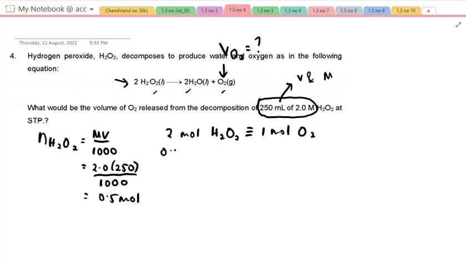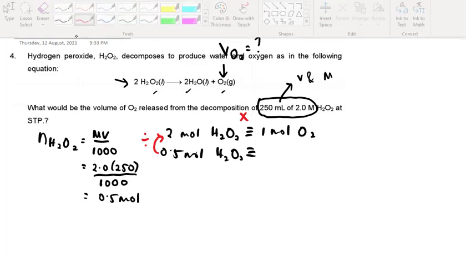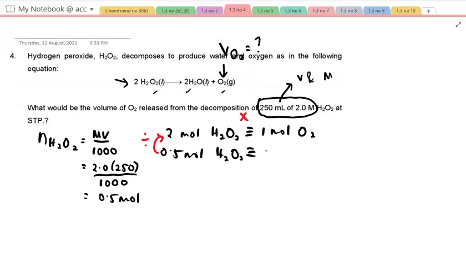Since we have only 0.5 mole, how many mole of O2 will be produced? How to solve this proportion? 0.5 divided by 2 times 1. So what is the answer for the mole of O2 gas released? It is 0.25 mole of O2.